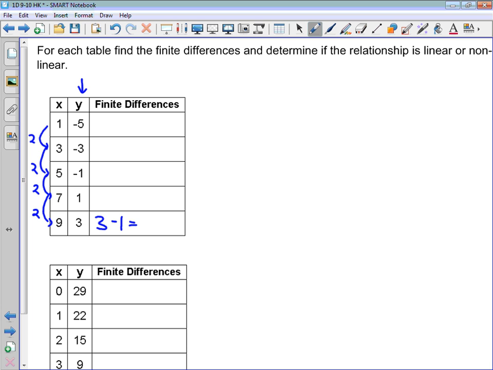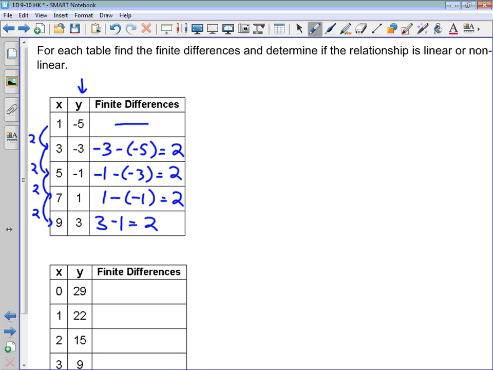So 3 minus 1 gives us 2, and then we move up in the table. 1 minus negative 1, it's like 1 plus 1, gives us 2. Negative 1 minus negative 3 gives us, well, negative 1 plus 3 gives us 2. Negative 3 minus negative 5, just subtracting the one above it, again gives us 2, and we can't really do anything in the top one there.